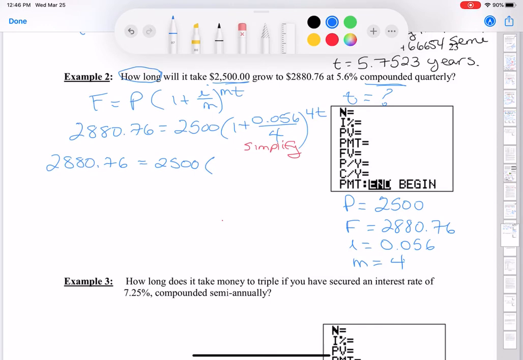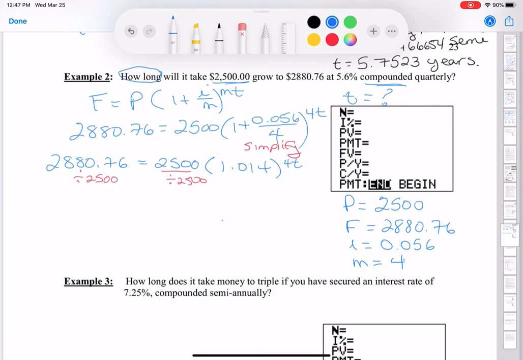So it is 1.014 to the 4t. And then because we only know one law of logarithms, your next step is to divide by this 2,500 on both sides of the equation. You have to isolate this power to be all by itself because we don't know all of the rules of logarithms. We only know one.